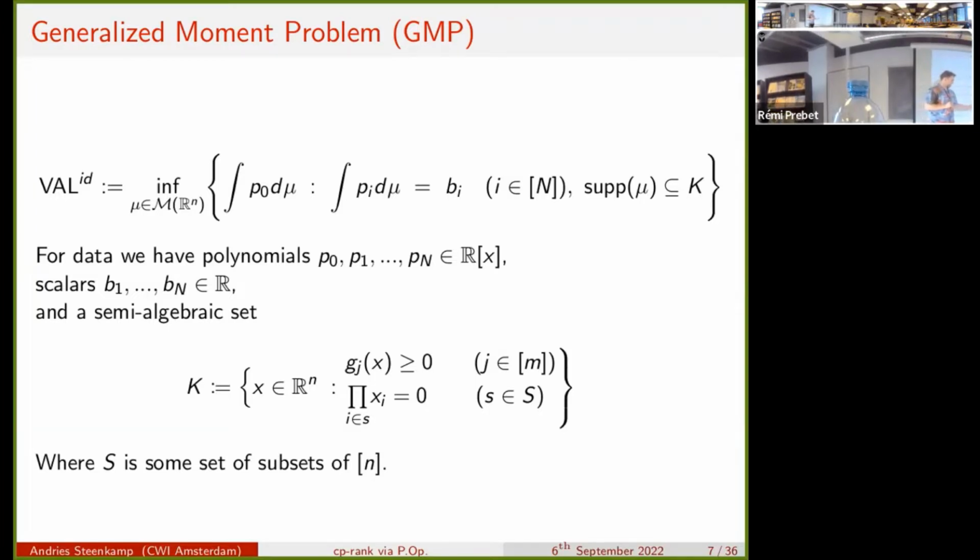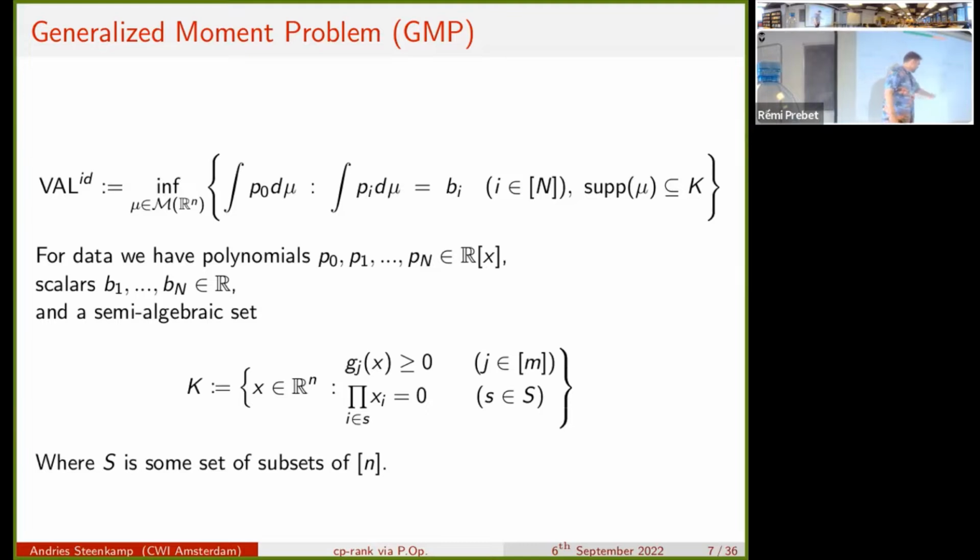Note, I have not written the equality constraints, the ideal constraints, in the most general form that they normally occur. I've written them specifically in the form of monomials, because that is the case that will be applicable to the sparse setting that I will be using for the CP factorization, for the CP rank bounding.